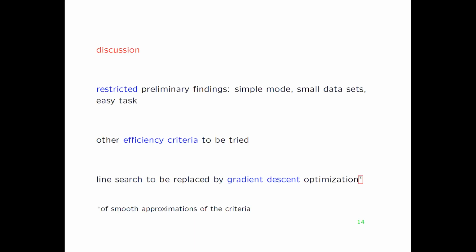But probably the first improvement to our model is to replace the line search with some gradient descent optimization. This is not easy because, of course, the residual sum of squares is a way easier objective to define and to optimize than observed fuzziness.